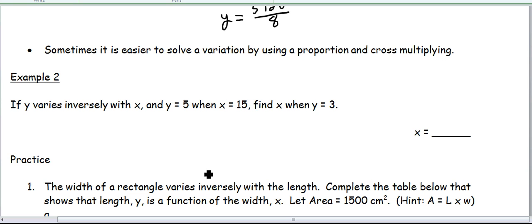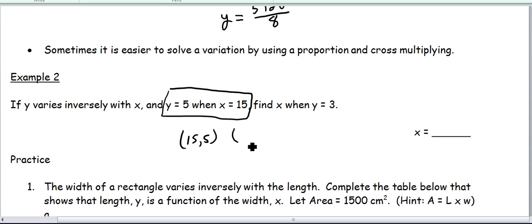It says if y varies inversely with x, y equals 5 when x is 15. This would be our ordered pair, and you could write it as (15, 5). Then we're going to find x when y is 3.